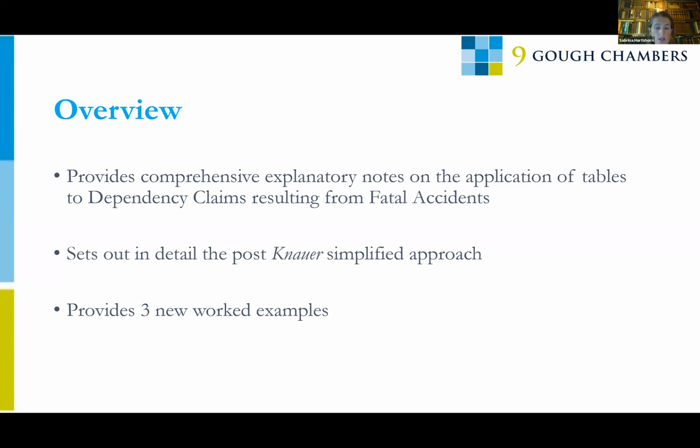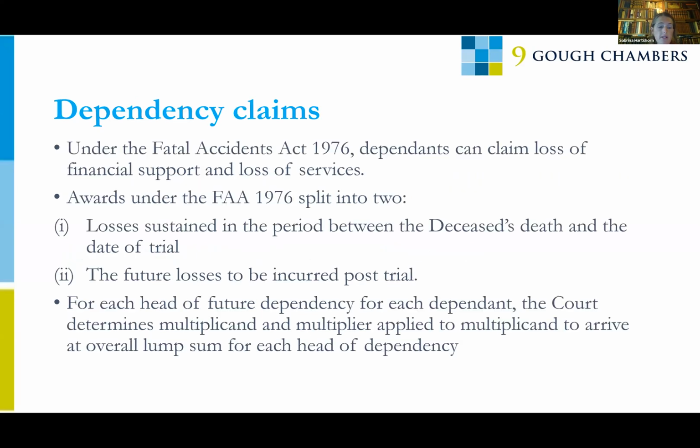So the section provides us with a brief overview initially of dependency claims, and it's in fact worth reminding ourselves of the overview of dependency claims, and that the claim for dependency arises out of the Fatal Accidents Act 1976.